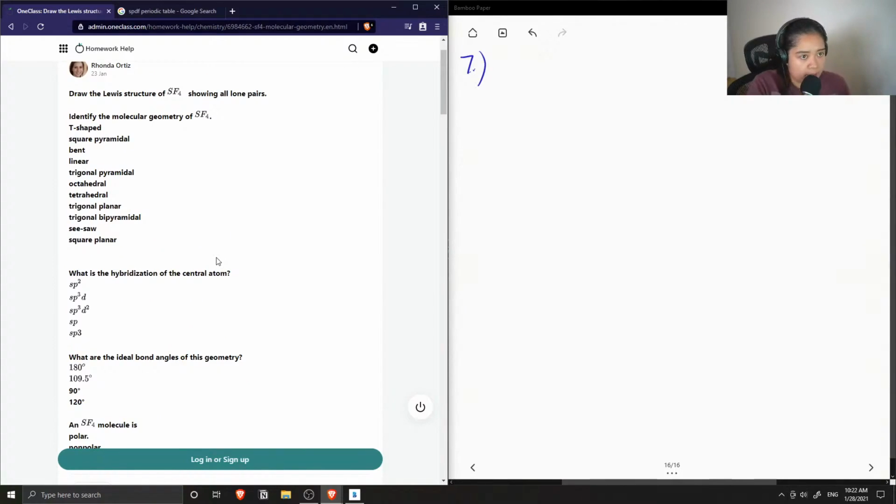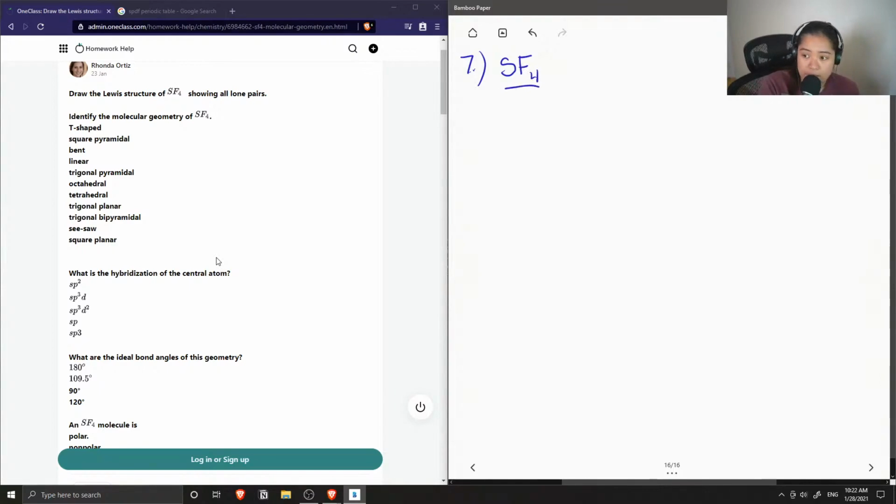Okay, so let's start off by writing the Lewis structure, since this will help us answer all of the following questions. When writing out the Lewis structure, we first need to calculate the total number of valence electrons in this molecule.